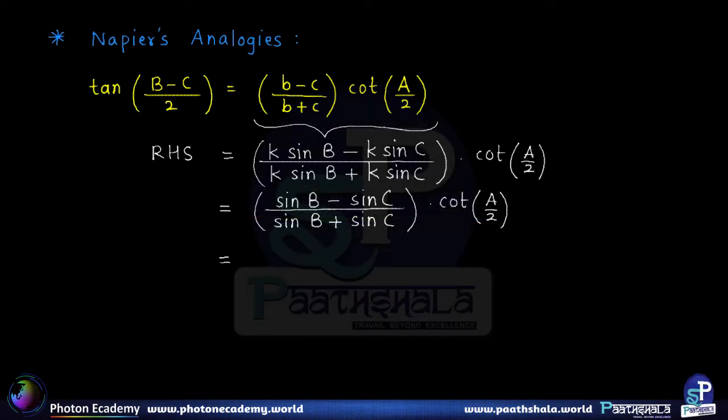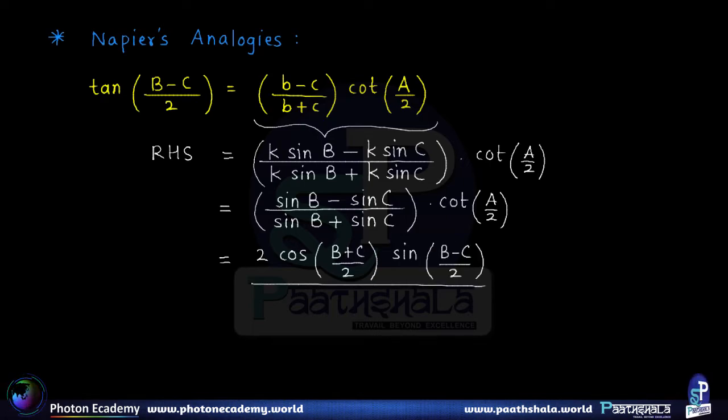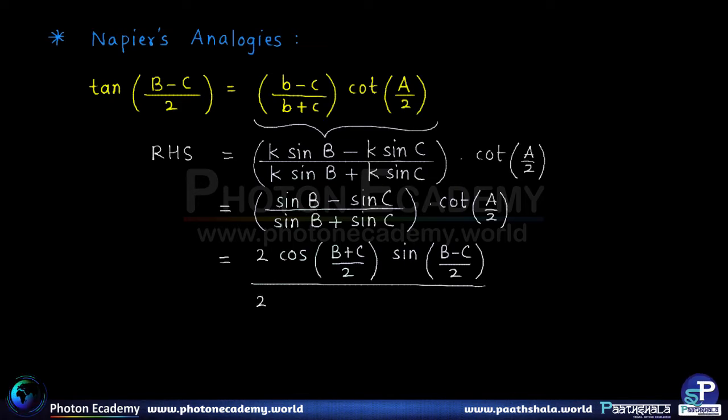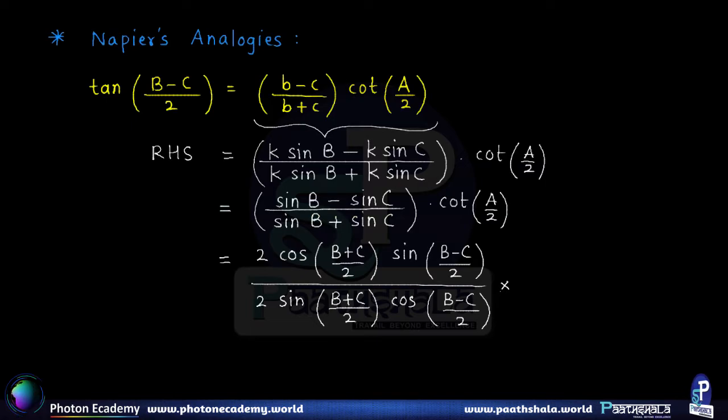So sin B minus sin C is nothing but 2 cos (B plus C) by 2 into sin (B minus C) by 2, upon sin B plus sin C, which is 2 sin (B plus C) by 2 into cos (B minus C) by 2. So here everything has been converted into half angle.